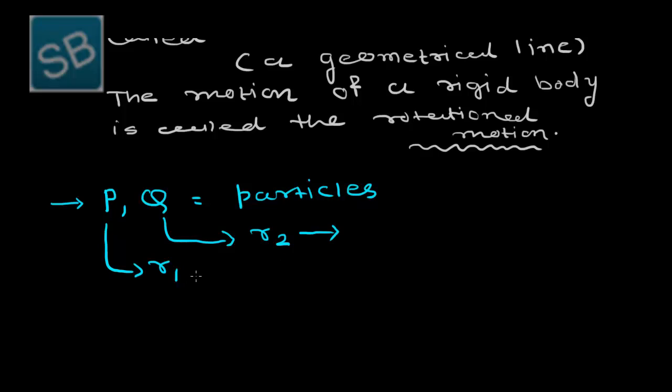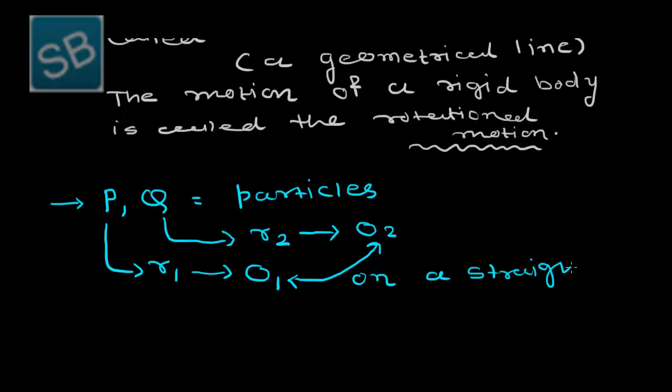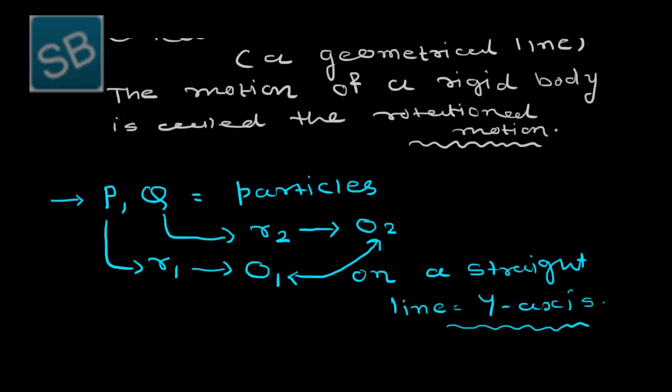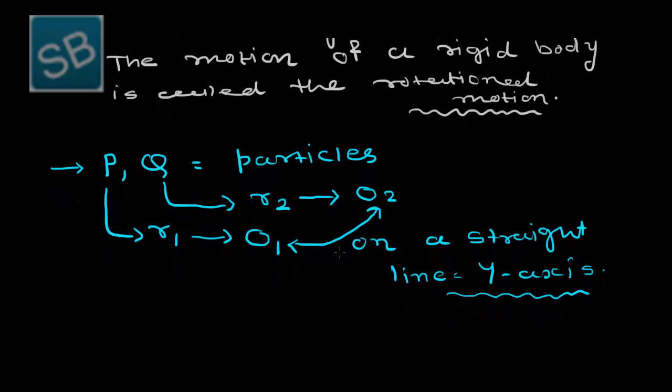Now the center of the circular motion for point Q is O2 and for point P is O1, where these points O1 and O2 are on a straight line, which is the y-axis, and they are also steady.